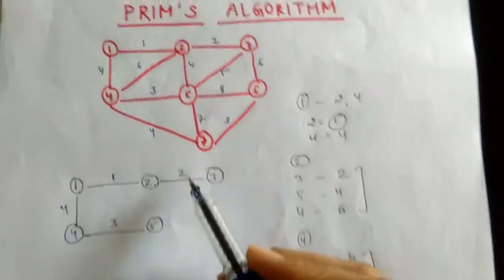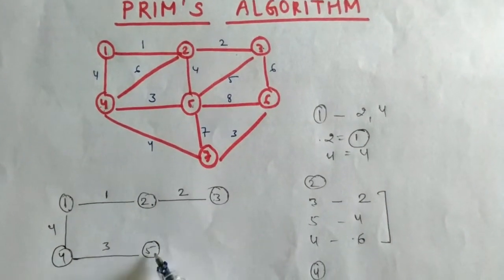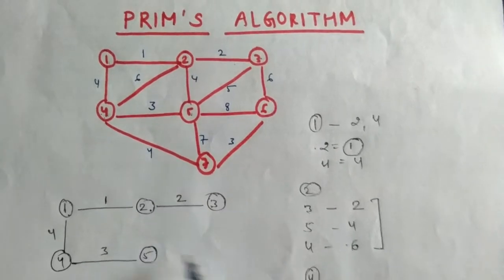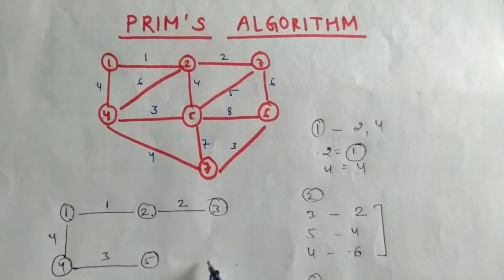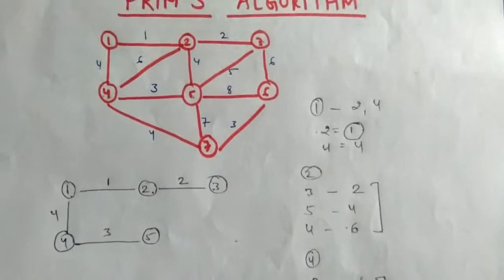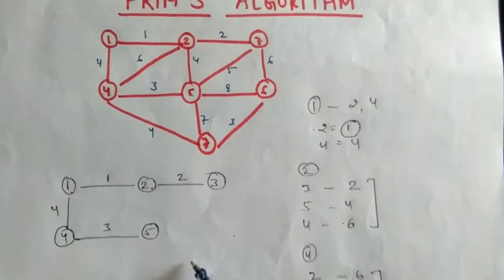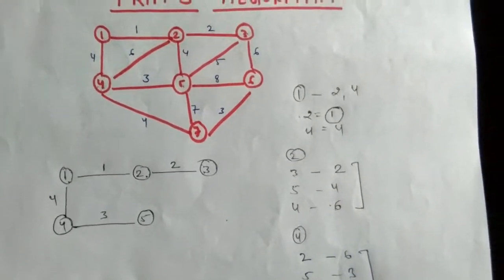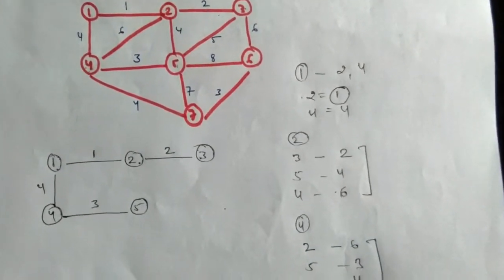Now after this, the routes going from the vertex 5 are to the vertex 3 and to the vertex 6, that is weight 5 and 8. We can also see that the routes to the vertex 6 or 7 have another path, and that weighs less. So we will choose that path for the minimum spanning tree.